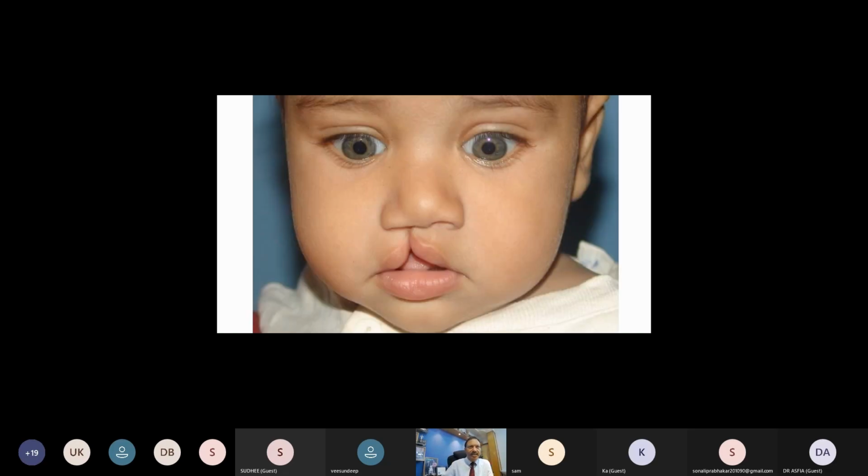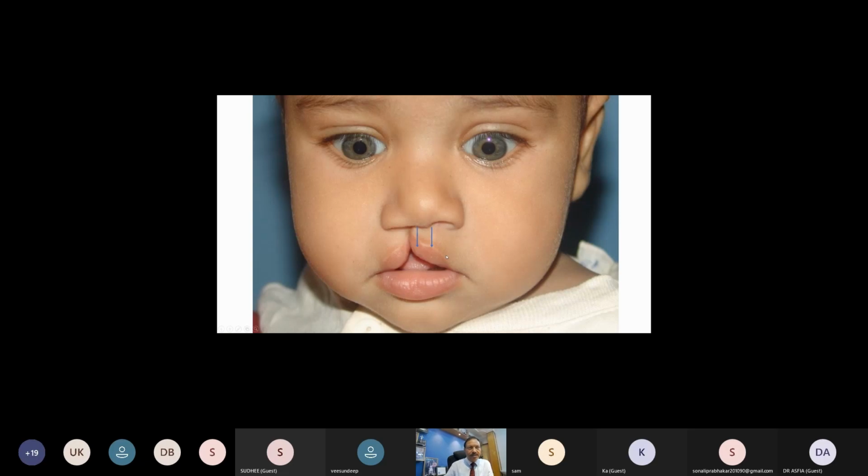Now, in another case, this is the height of the philtral ridge, and this is how it should be. These two lines are equal. This is where it should have been. You can see this is the peak of the Cupid's bow. The highest point on the cleft side is here, but you require this much length of the philtral ridge on the cleft side as well.